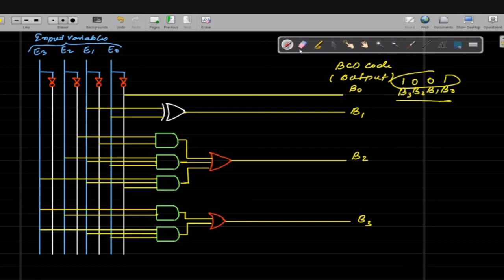So this is very important. This B0 is actually the LSB, and this is the MSB for your given input code.